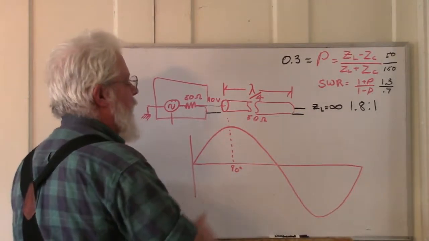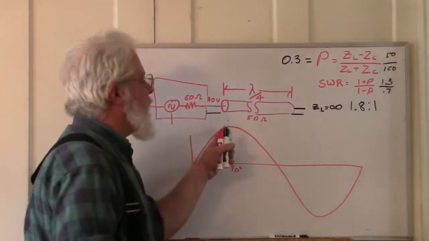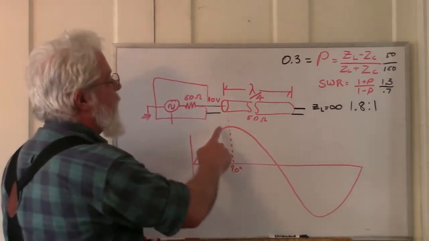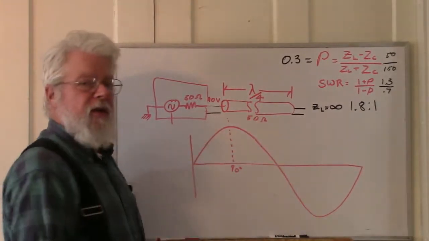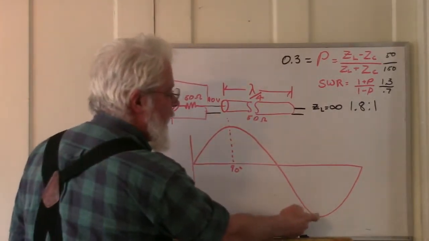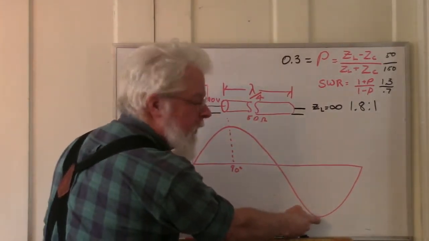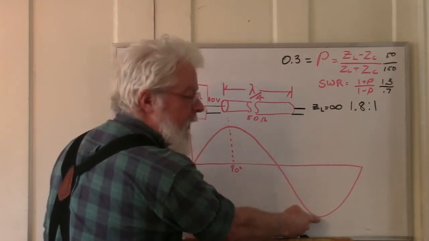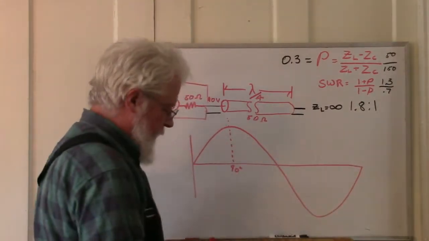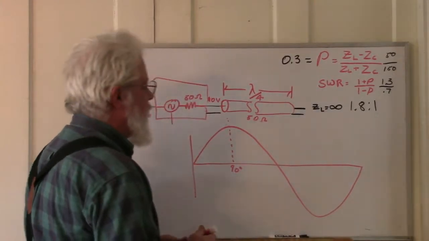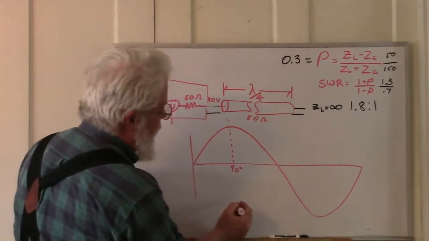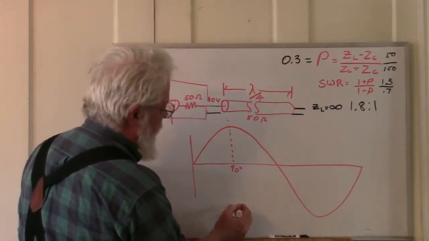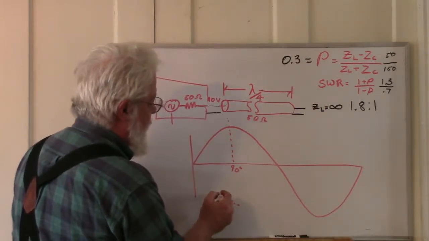The voltage reflected back is going to be 180 degrees out of phase with what appears at that end of the line. Well, 180 degrees out of phase is over here. It's negative and it's going positive. So it's coming back, it's negative, and it's going positive.